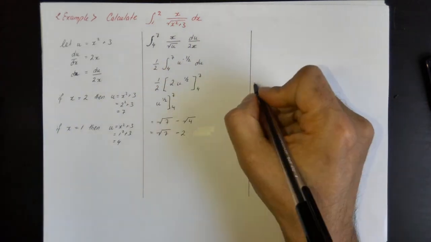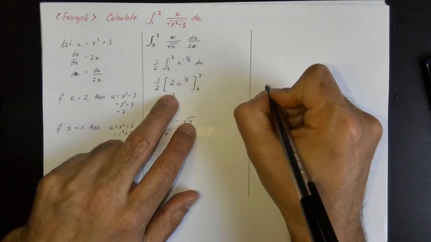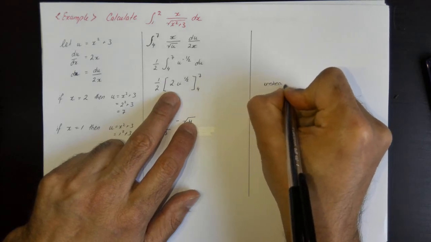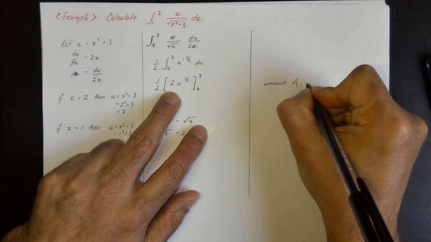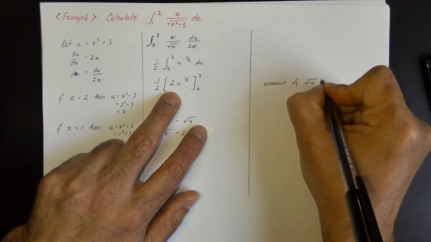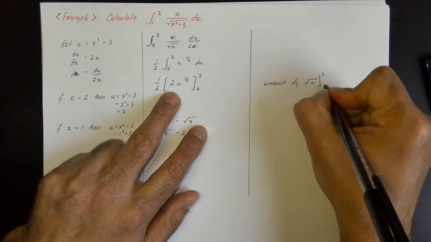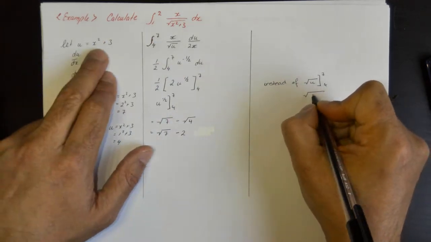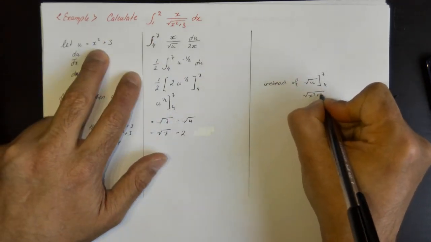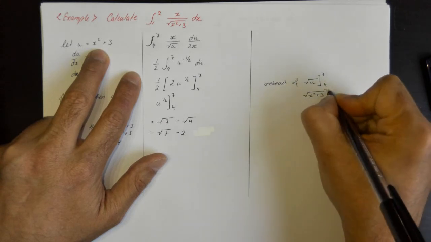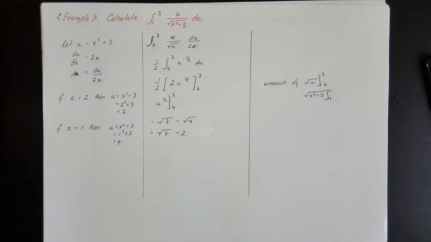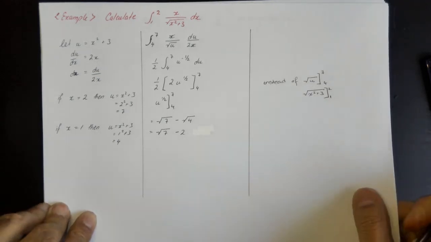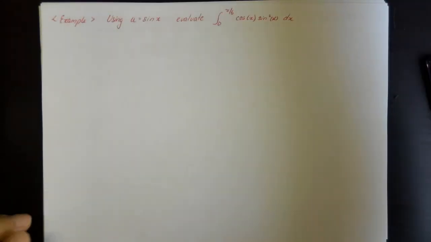So here, instead of from 7 to 4, we would have done x squared plus 3 from 2 to 1. We'd still get the same answer.